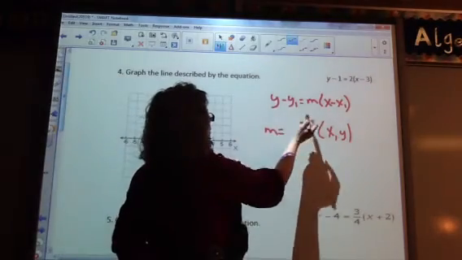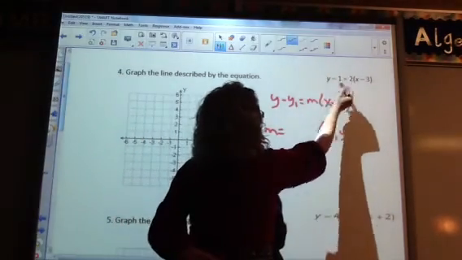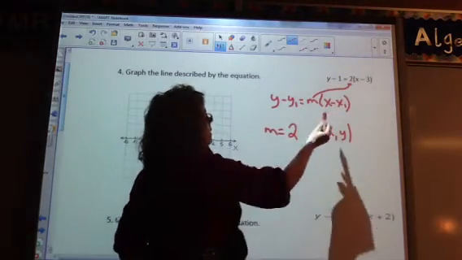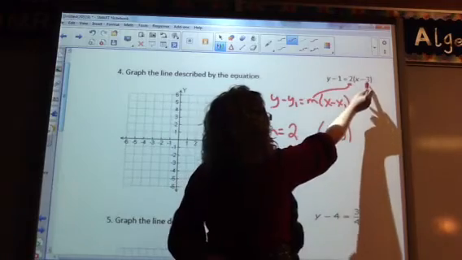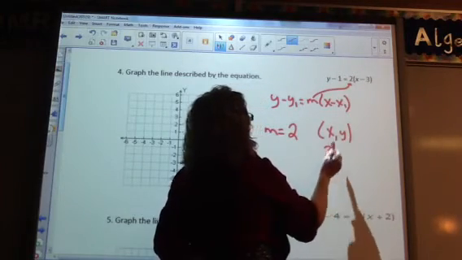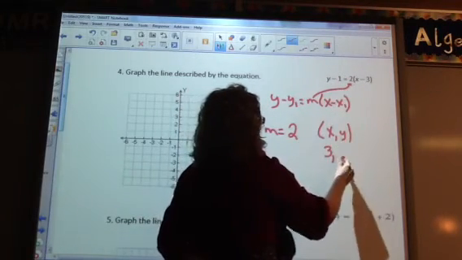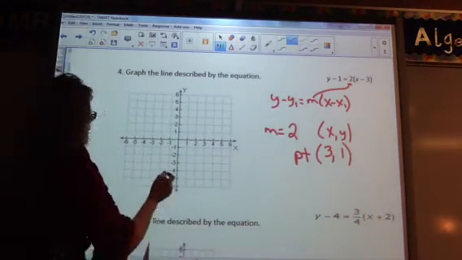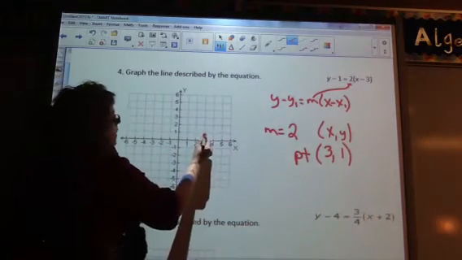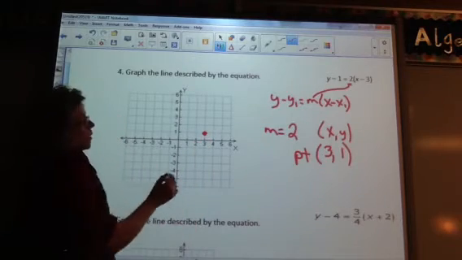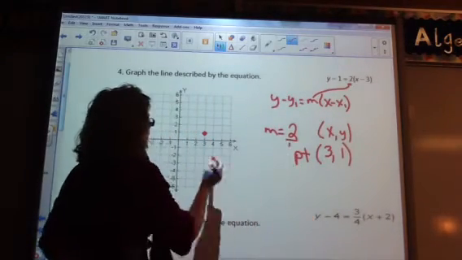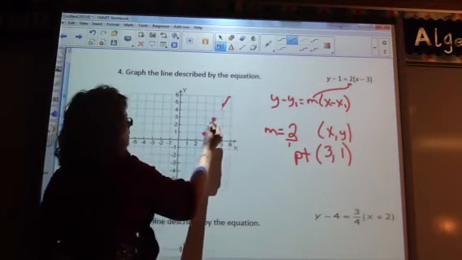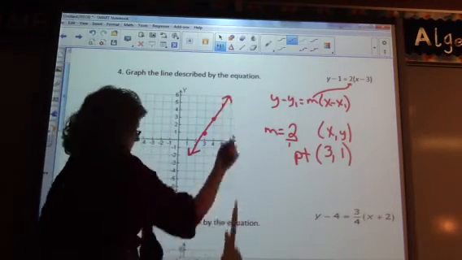So our slope is our m, which is our 2, and our point, where our x value is positive 3, and our y value is positive 1. So if you start at this point, positive 3, 1, and from here, remember slope is rise over run. I go up 2, right 1, up 2, right 1. Here's my line.